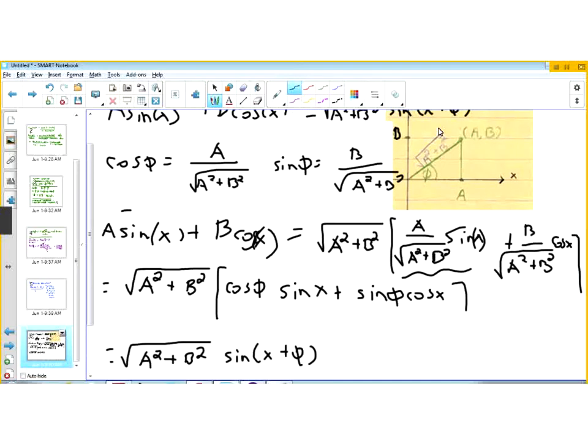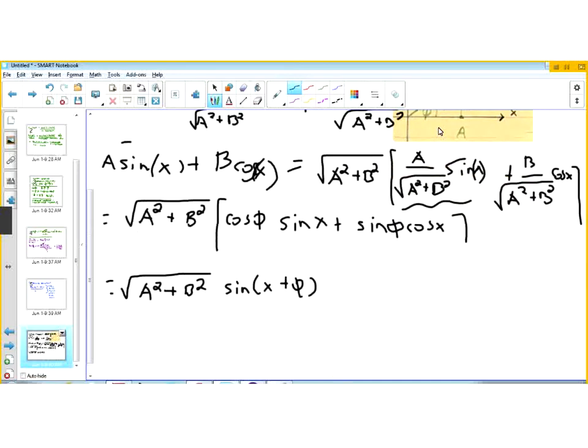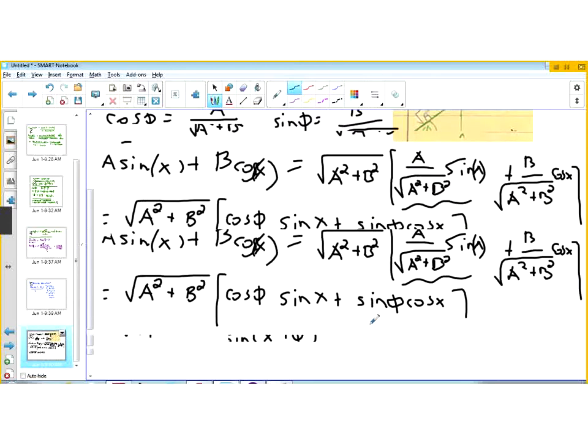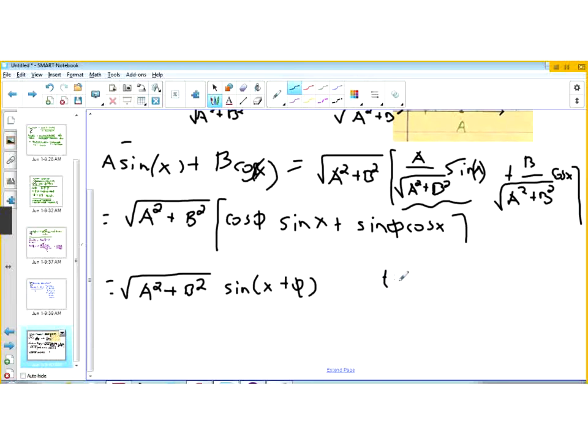Now what is phi? So phi depends on which quadrant you're in. Okay, so we can divide sine phi by cosine phi, and we'll see that the tangent of phi is equal to b over a. Okay, so a very important relationship.